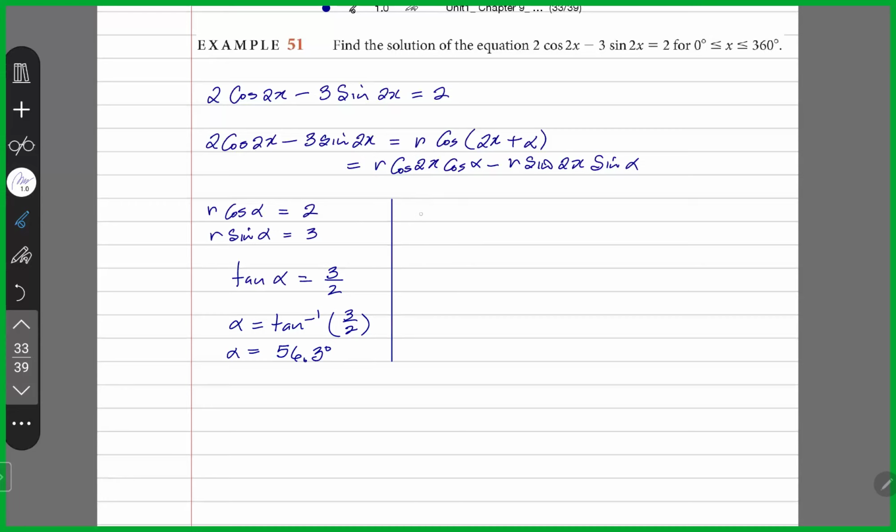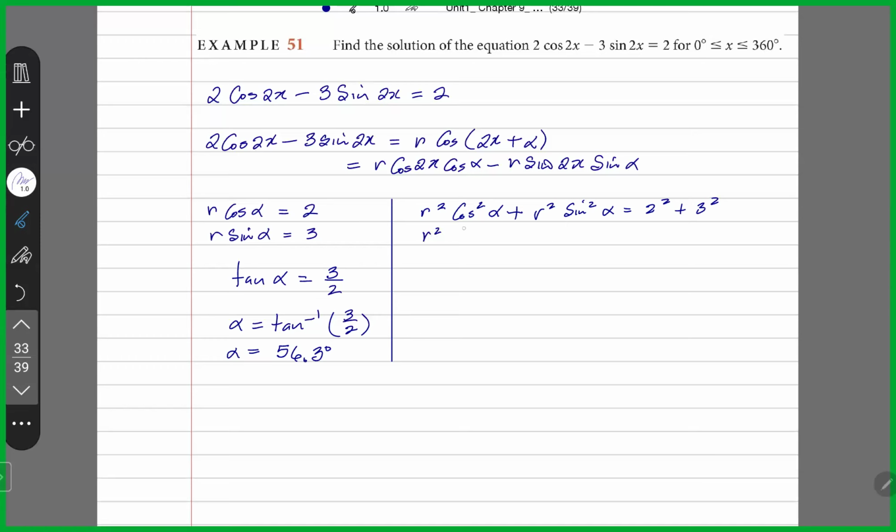So r squared cos squared alpha plus r squared sine squared alpha is equal to 2 squared plus 3 squared.